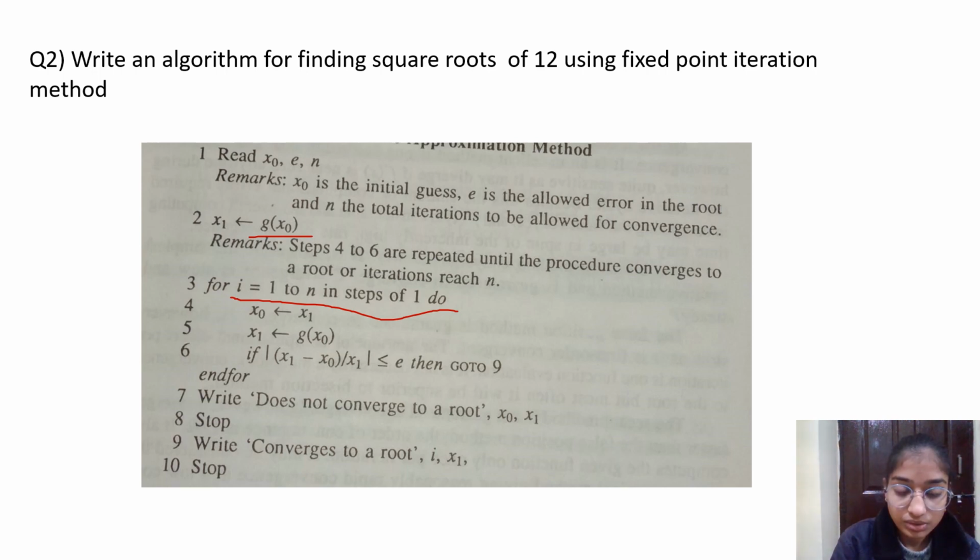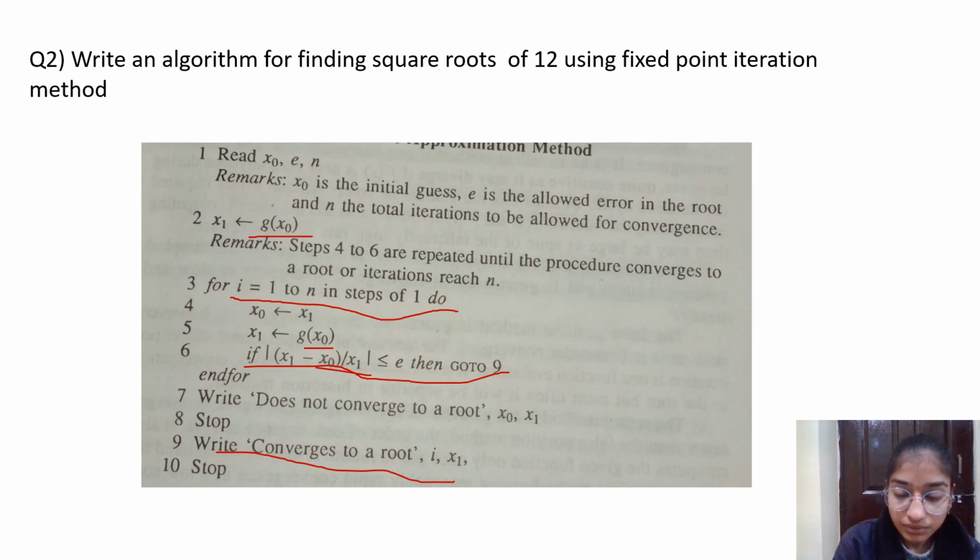Now again we are going to assign g of x0 in x1, and we are going to check this condition. If this condition is less than e, the precision value, and it becomes true, then we go to step number 9, which says that we get our convergent root xi, and our algorithm will be stopped here.